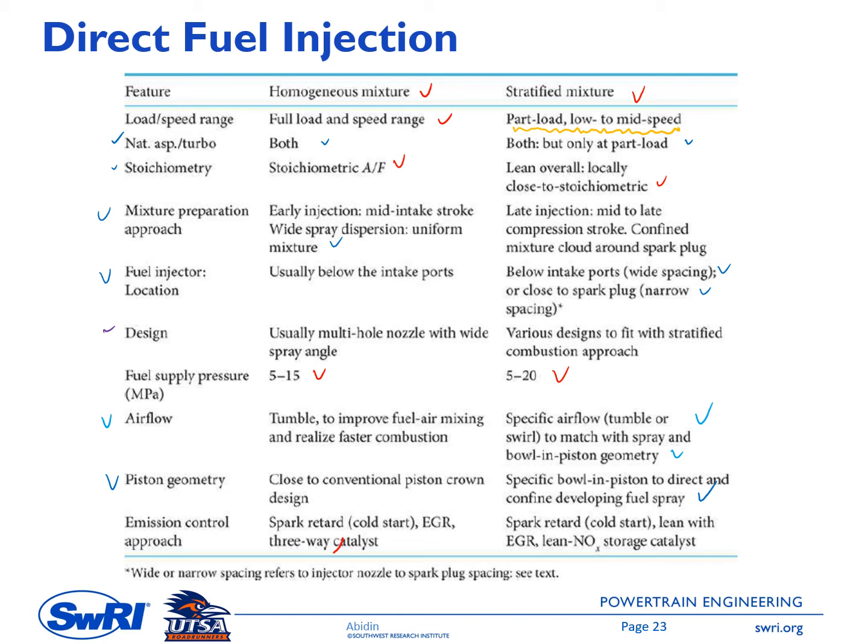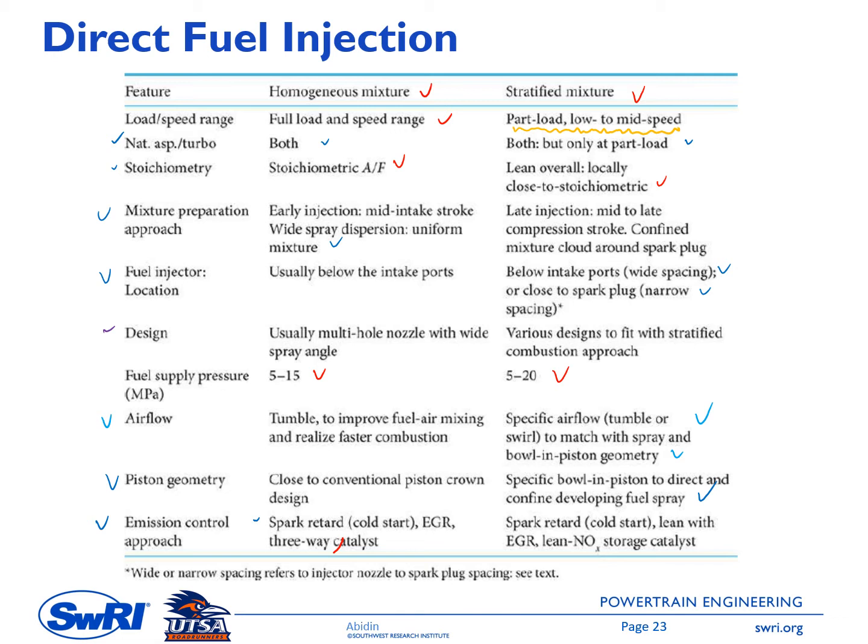And the last one here is the emission control approach. For homogeneous mixture, we have a three-way catalyst to remove unburned hydrocarbon, CO, and NOx. For better emissions, we can retard the spark timing. The reason for retarding the spark timing is to lower the combustion temperature and thus get lower NOx.